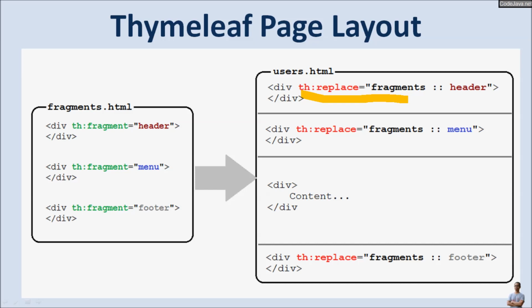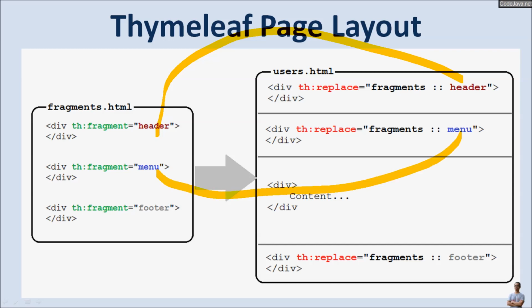For each fragment, we declare the fragment by using this attribute th:fragment, and then the name of the fragment. And then in the view page we refer to that fragment. This is the file name fragments, and this is a fragment name header. You see header, and the same for the menu. And for the footer, it is similar to the include. So you can see that it's very simple to use fragments in a Spring Boot project with Thymeleaf.